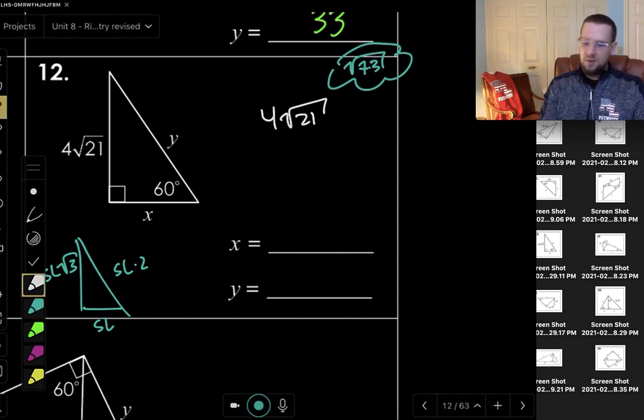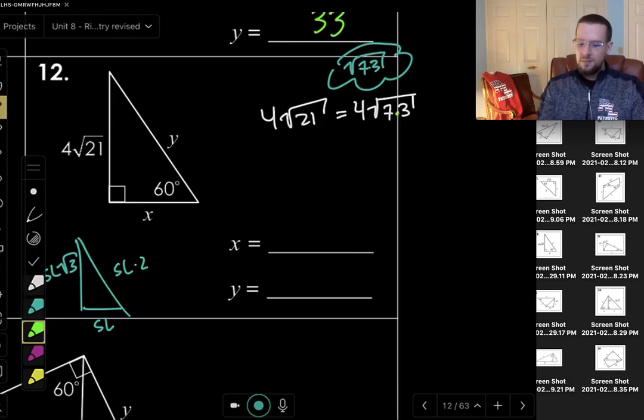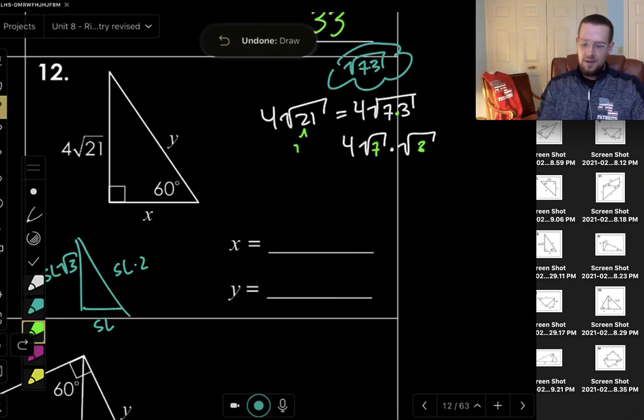If you can think of 21 in terms of its factors, there is actually a square root of 3 in here. This is multiplication. This is actually square root 7 times the square root of 3, because we can take 21 and split it into its factors.